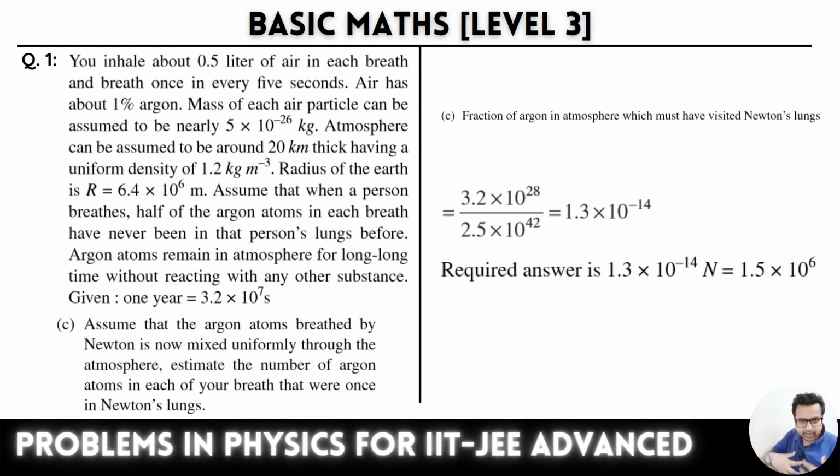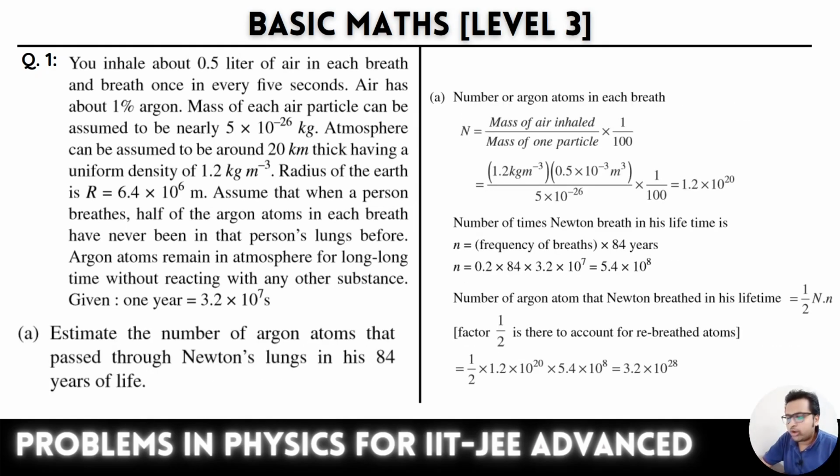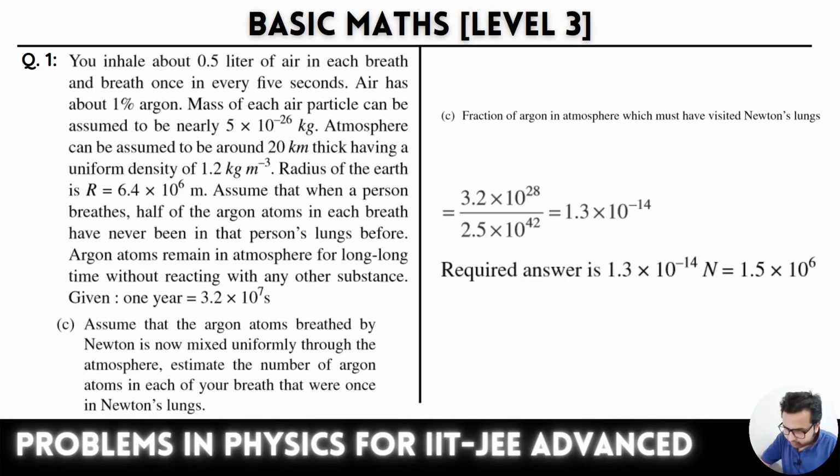When I inhale half a liter of air, I have calculated the total number of argon atoms inhaled by me. That is 1.2 × 10^20. So during every breathing inhale, I will inhale 1.2 × 10^20 argon atoms. This observation we have done.